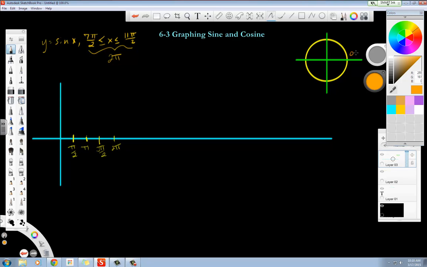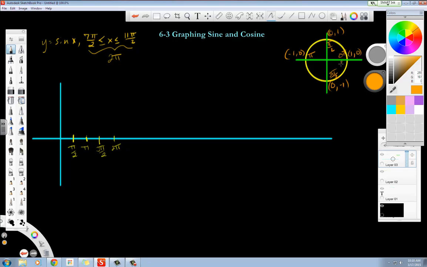This would, of course, be 0. It would be 1, 0, 0, 1, negative 1, 0, 0, negative 1, and of course this would be 0, pi, pi over 2, pi, 3 pi over 2.